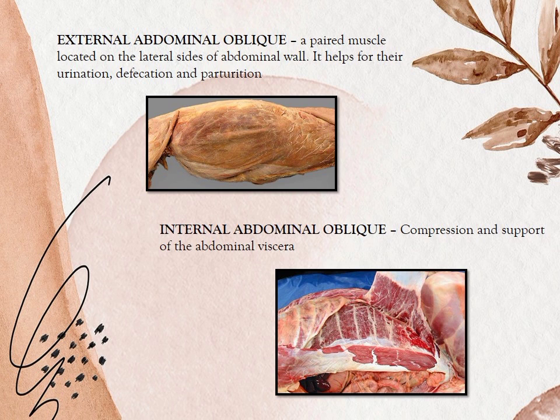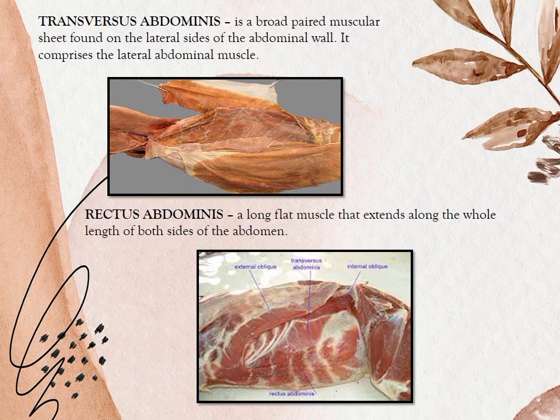And then the next one is the transversus abdominis, also known as transverse abdominis. It is the deepest layer of abdominal muscle. It sits below the internal and external obliques and rectus abdominis, and spans from the lower ribs, 7 to 12 ribs, down to the pelvis, along with other core muscles.